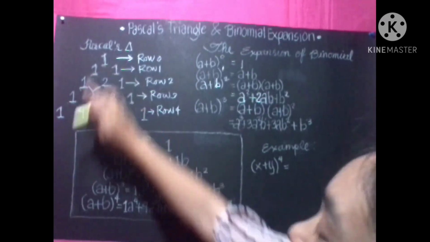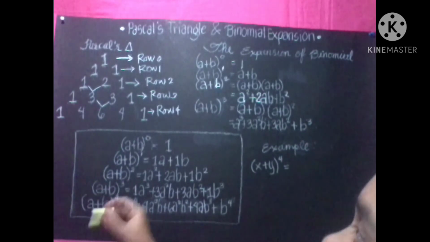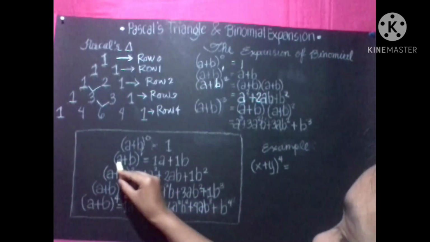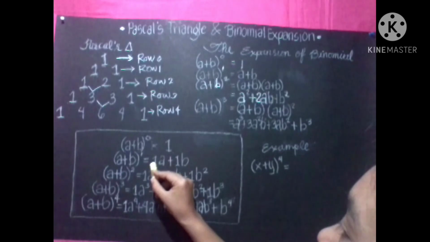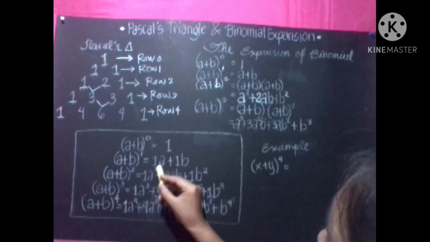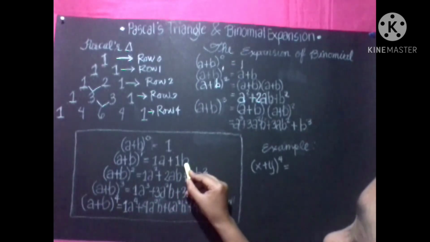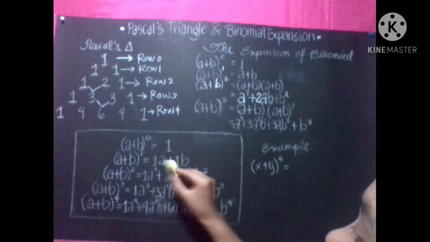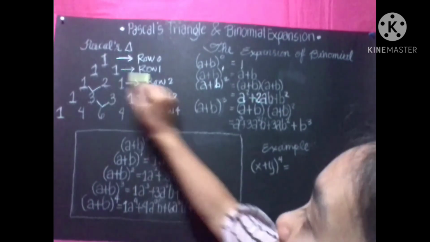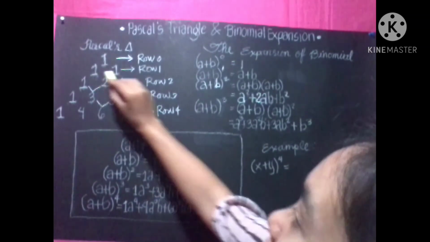It is similar to our table, the Pascal's triangle. For a plus b, we have an imaginary 1 here, 1a plus 1b. So it has the same coefficients as row 1, 1, 1.